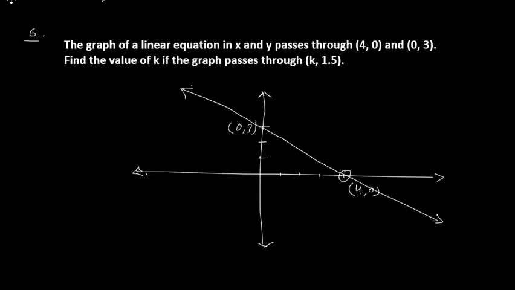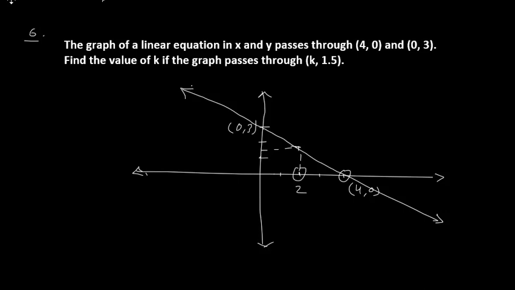Now I have to find the value of k when the line is passing through k comma 1.5. So this is 1 and somewhere here we have 1.5. I will draw like this and then I will drop it. So this is 2, right?